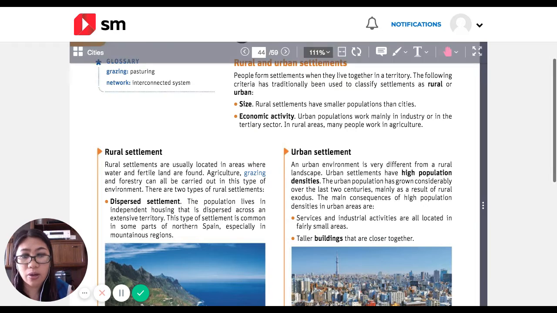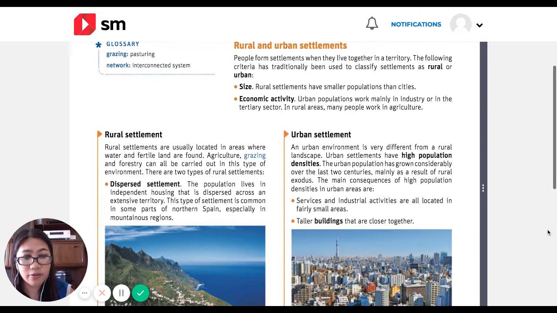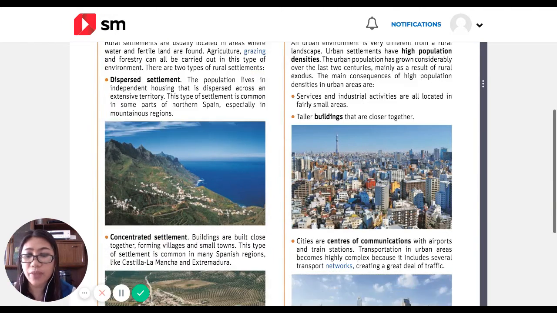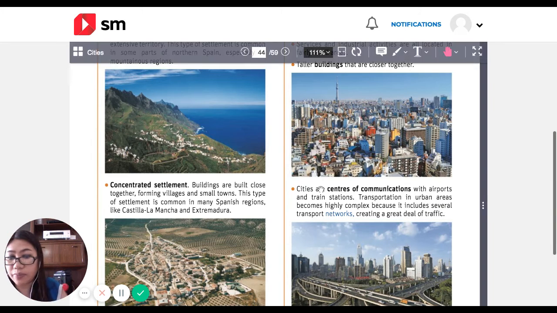Next, we have concentrated settlement. In concentrated settlements, buildings are built close together, forming villages and small towns. This type of settlement is common in many Spanish regions, like Castilla-La Mancha and Extremadura.